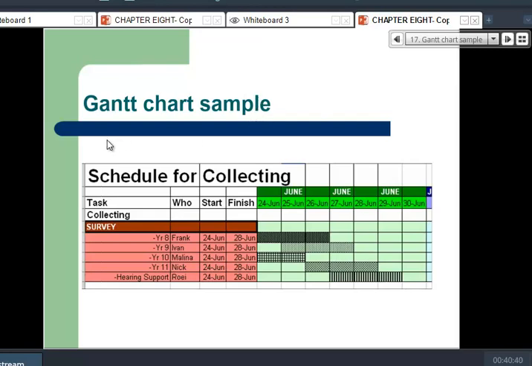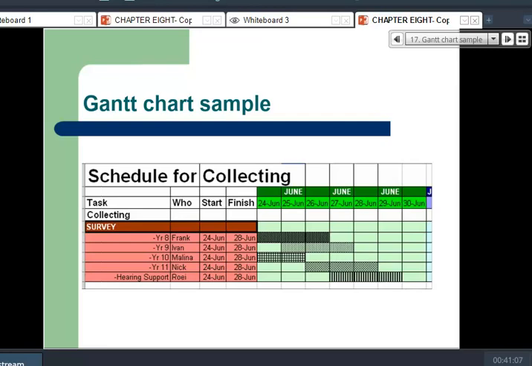As we can see here in the Gantt chart, we have the task column, which means the name of the task. We have who is going to do this task, and we have the time frame to start this task, and the time frame to finish and finalize this task.